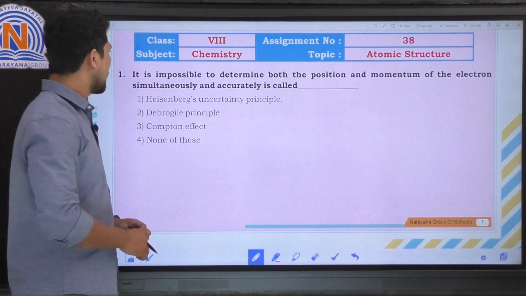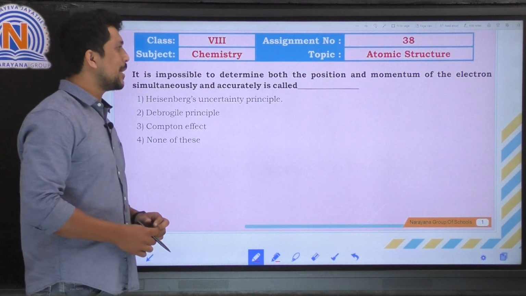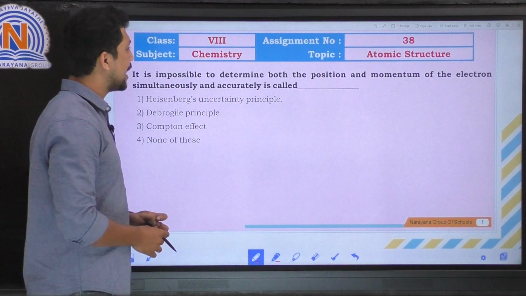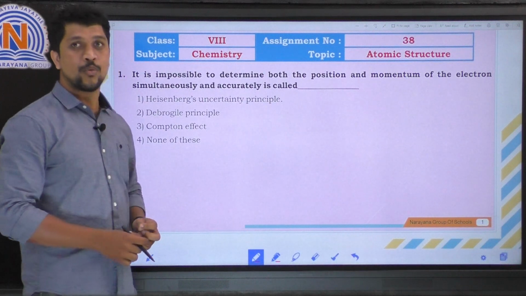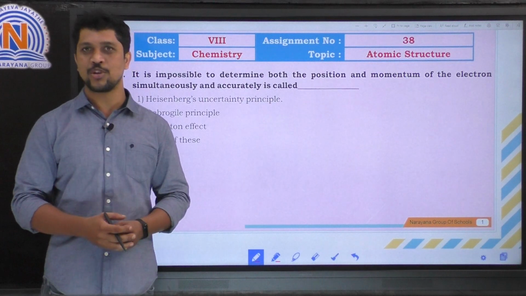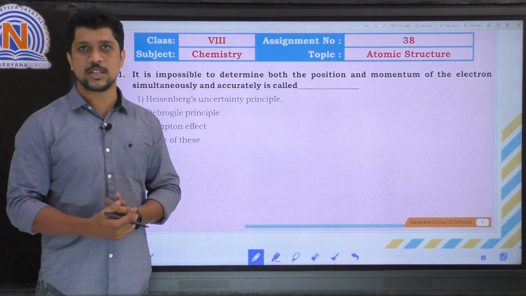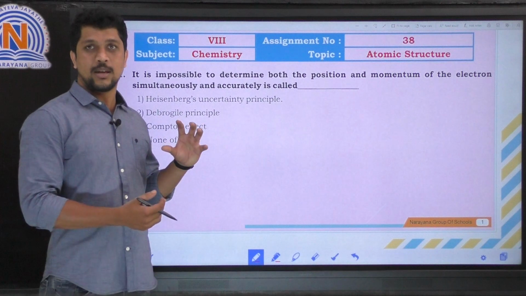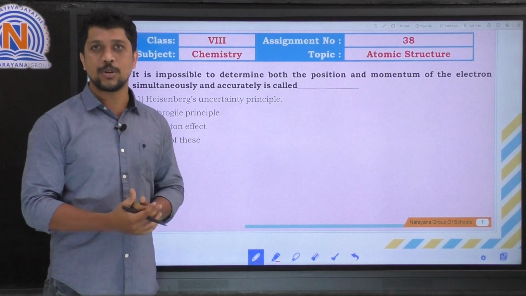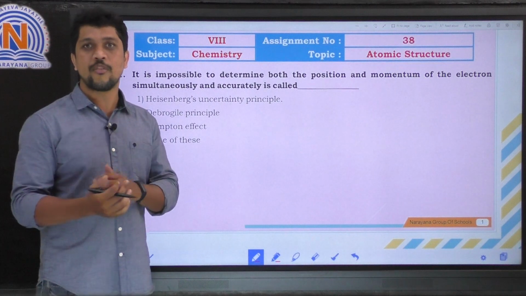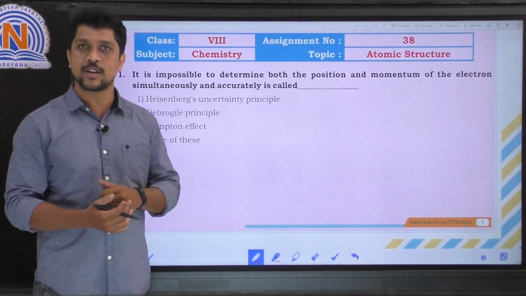Here the question: it is impossible to determine both the position and momentum of the electron simultaneously and accurately is called. We know that electrons are revolving around the nucleus in circular paths, in a certain velocity. So it is impossible to find the momentum as well as position of an electron simultaneously and accurately.